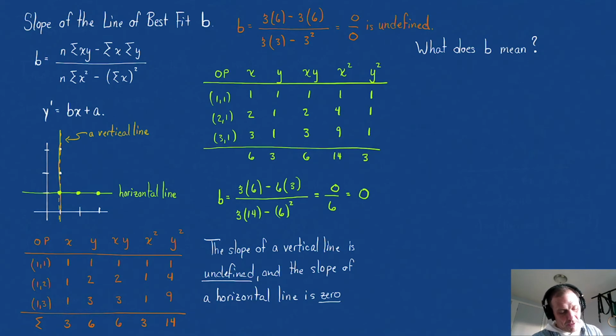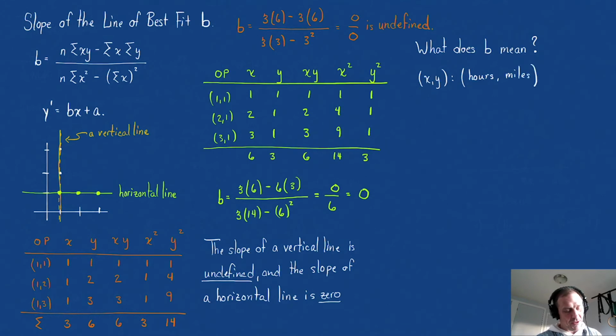Let's just say that we have our ordered pair, x and y, and the units of the x's is time. Let's do hours. And y is miles.